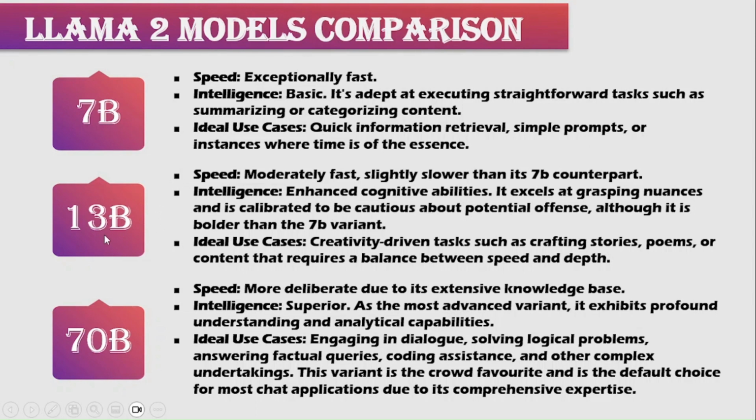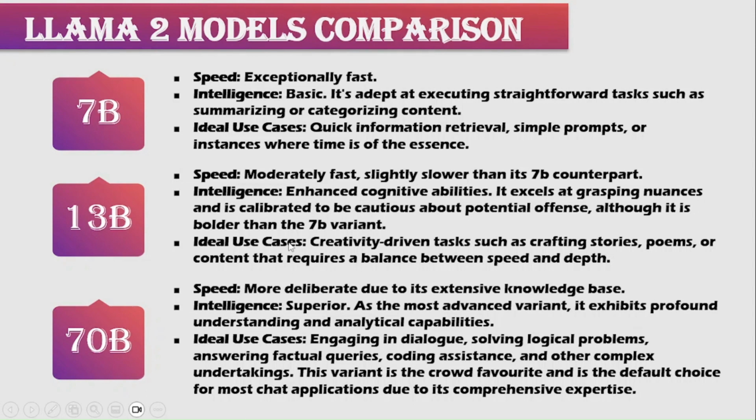And the 13 billion model, its speed is moderately fast, slightly slower than its 7 billion counterpart. Though it is not that fast, its intelligence is better than 7B. You can see enhanced cognitive abilities. It excels at grasping nuances, and is calibrated to be cautious about potential offense.